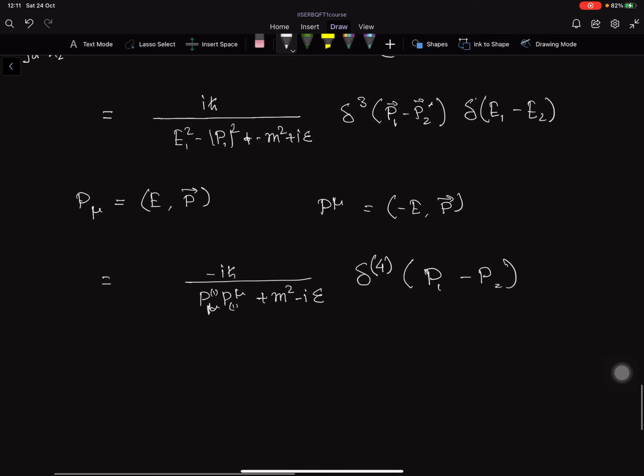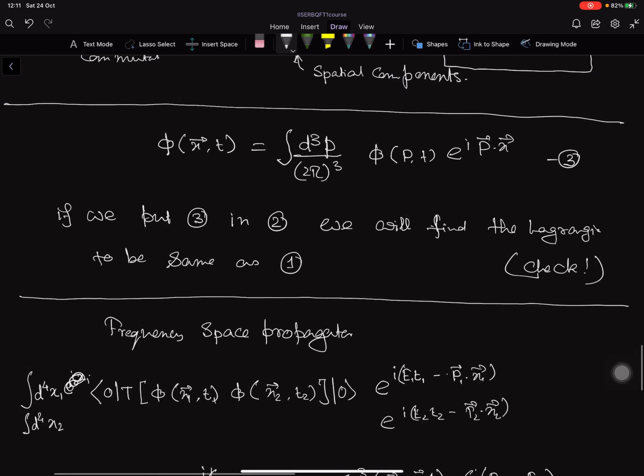Okay, so then we found how to get the expression of these propagators in frequency space for 3 plus 1 dimension, just starting from the propagator of real scalars in 0 plus 1 dimension. And the strategy was very simple.